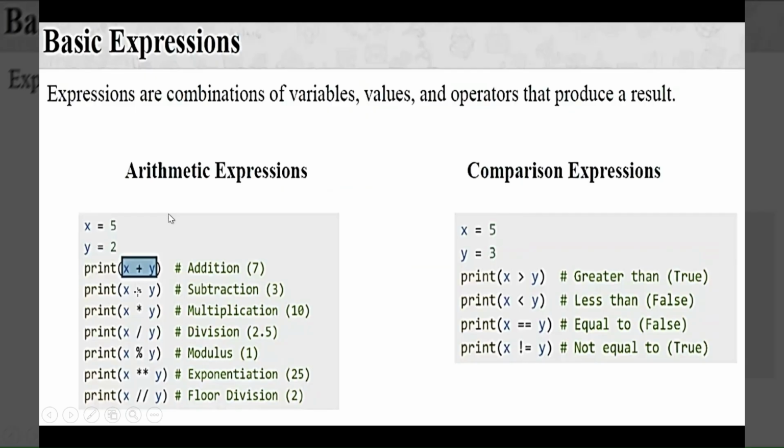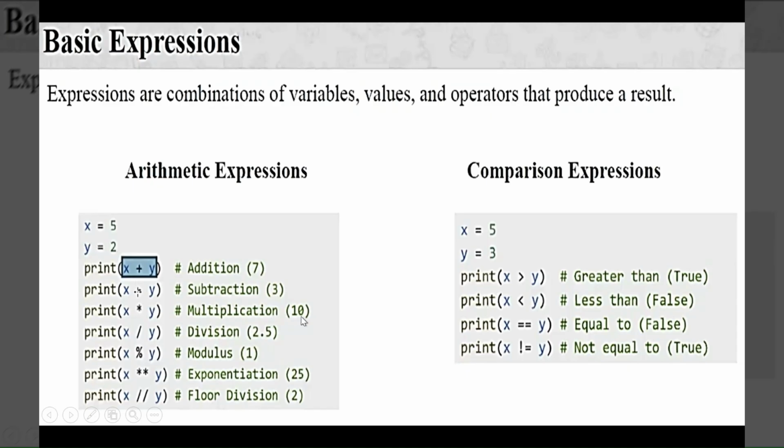If the variable x is 5 and variable y is 2, we can do arithmetic operations like addition, subtraction, multiplication. Like if I say print x plus y, it will come 5 plus 2 is 7. Then x minus y will come as 3, and x into y is 10.